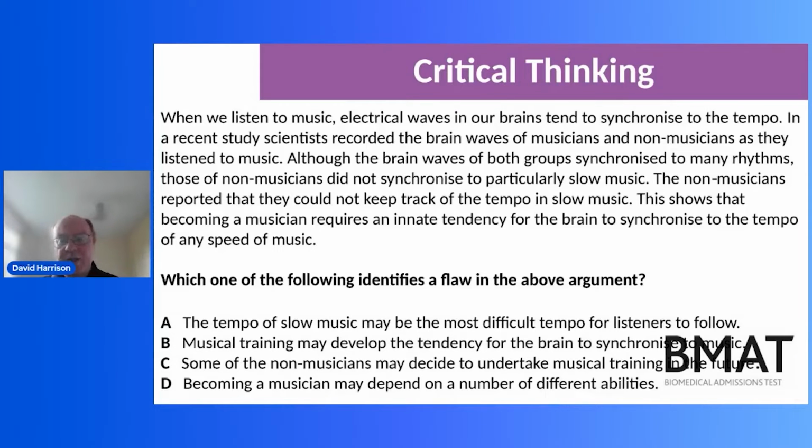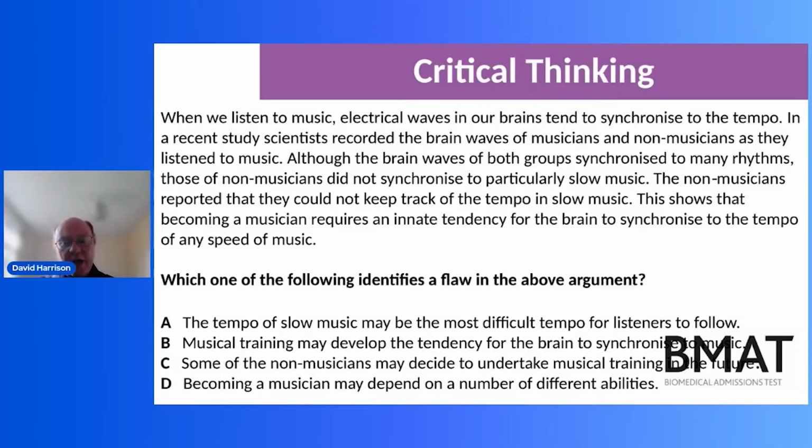And as we can see in the comments there, the actual correct answer has been selected, which is B, that musical training may develop the tendency for the brain to synchronize. So that's addressing that final sentence in the paragraph, where it says that becoming a musician requires an innate tendency.